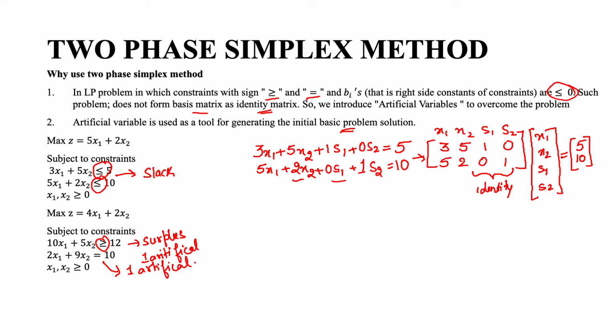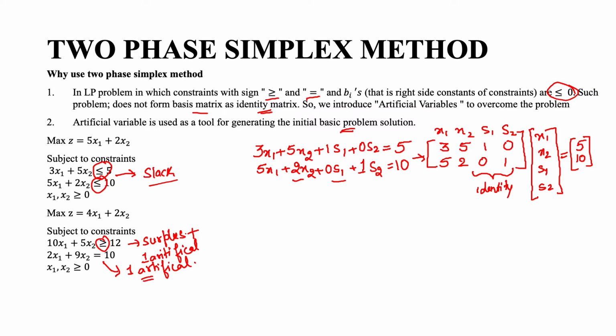So there are three cases. If less than or equal to constraints are there, I have to add a slack variable. If greater than or equal to is there, I have to add a surplus variable plus one artificial variable. In case of equal to, I have to add one artificial variable.